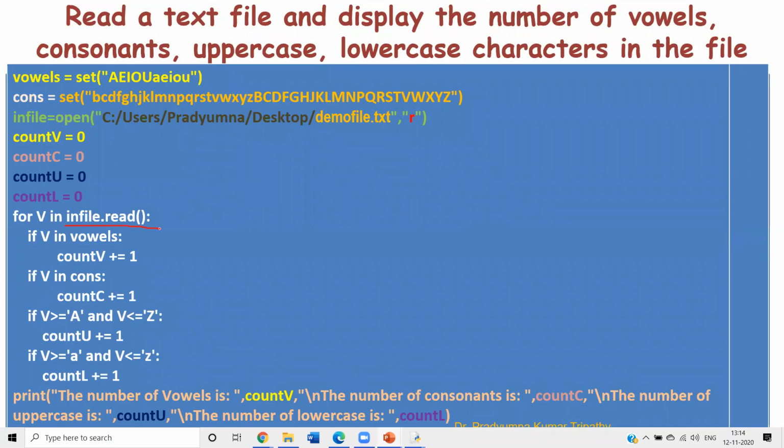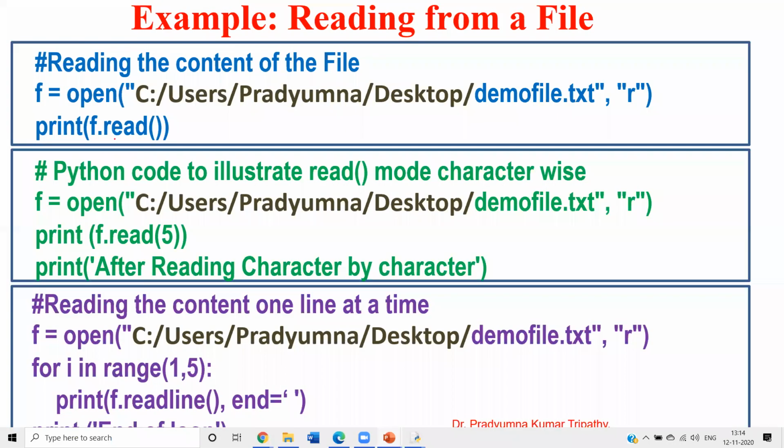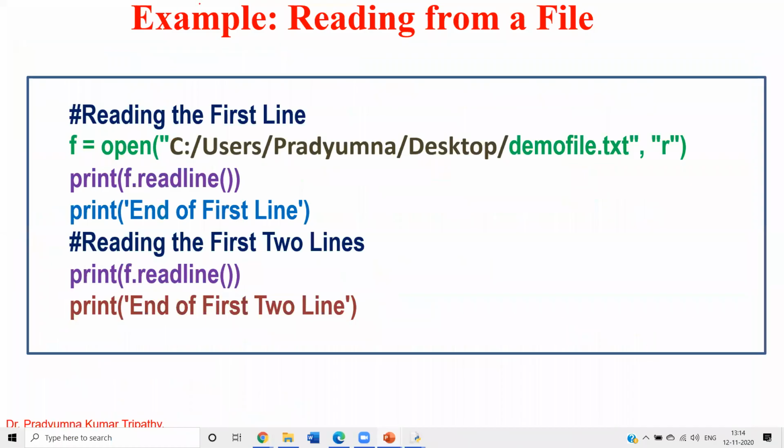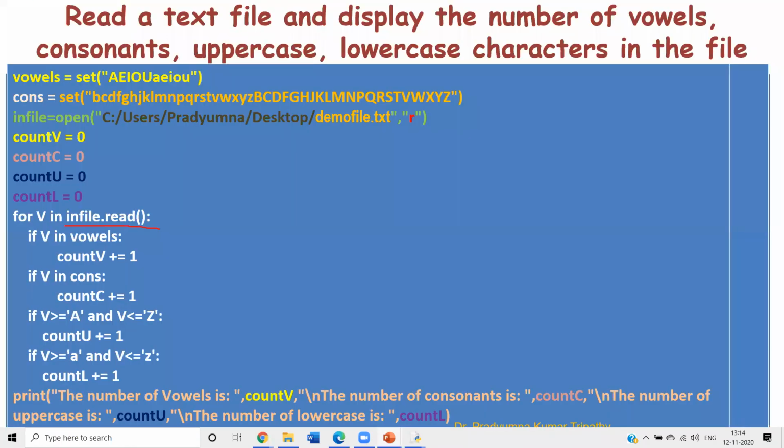Sir, it will read the file content one character at a time. But if you see the previous examples, when you give read, what does it return? If I write print f dot read, what was it returning? The entire content of the file, yes, all the contents present. So here also it will return the entire content of the file.